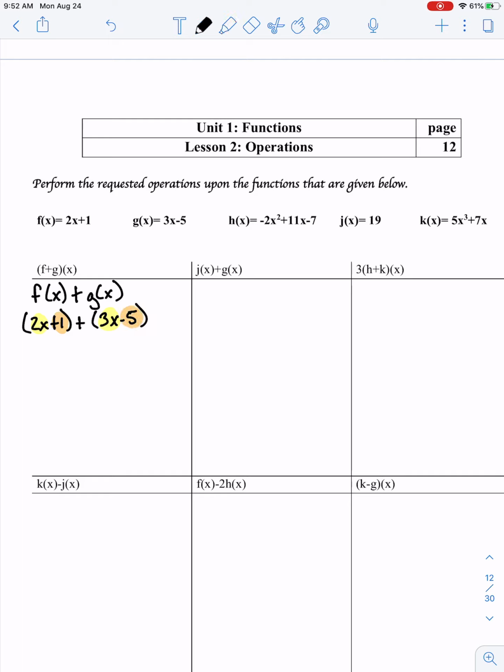So I'm going to do 2x plus 3x. That's going to give me 5x. And I'm going to do 1 plus negative 5, which is negative 4. Then you just write these 2 pieces as a function or a polynomial. So 5x minus 4. So that was one that we added.